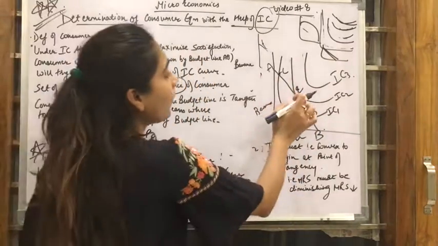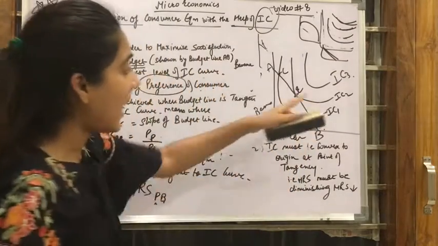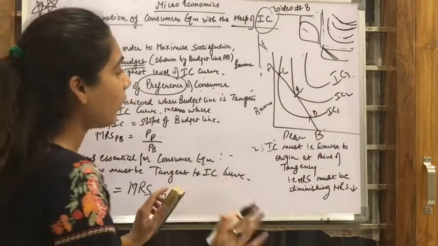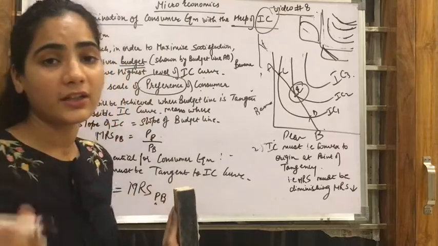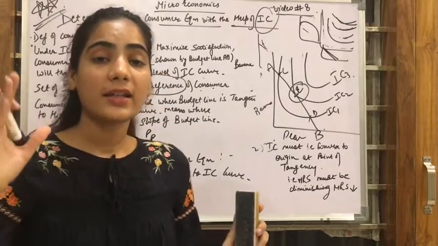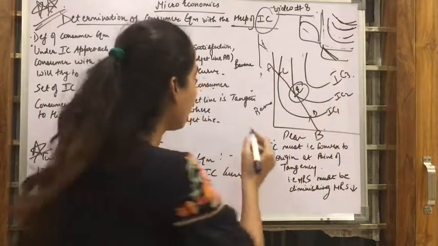But let's see what point E is showing. Now point E on IC2 is also tangent to budget line AB. Now what I can see is point E is on a higher level of satisfaction. Point E is on IC2. That means IC2 is bigger. IC2 is greater than IC1.